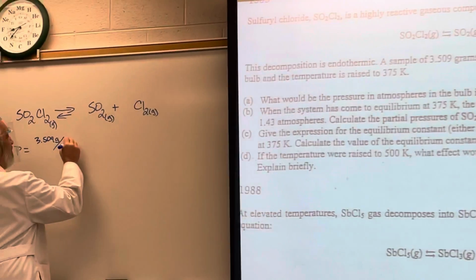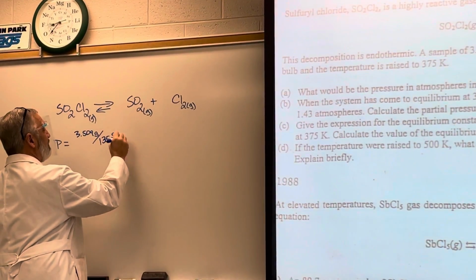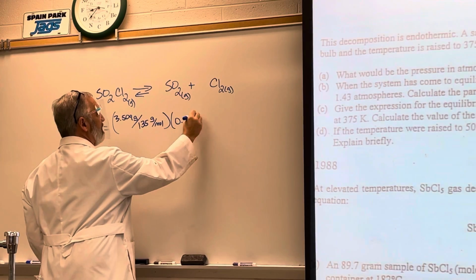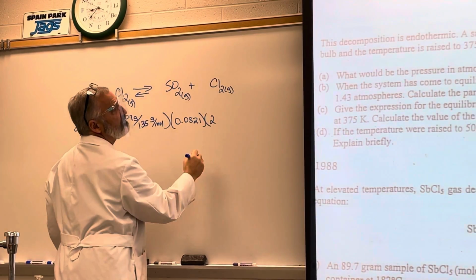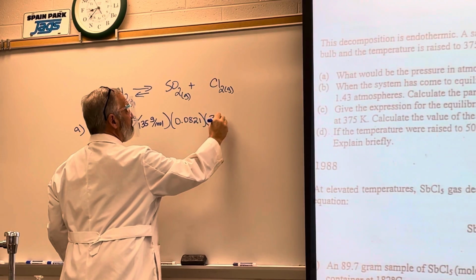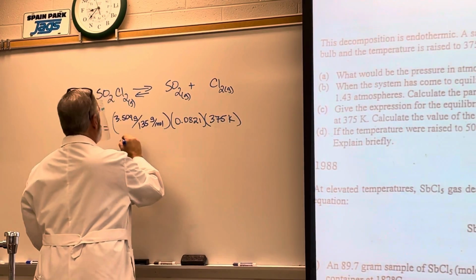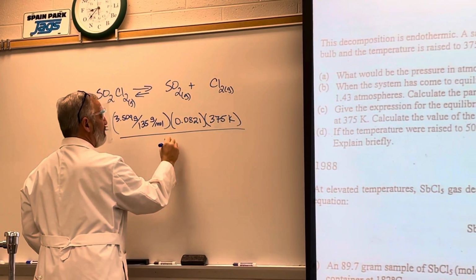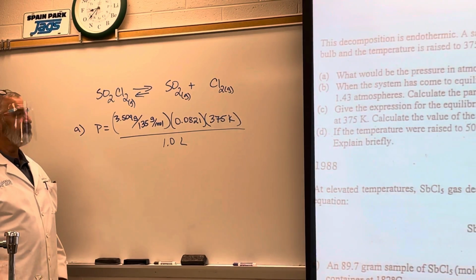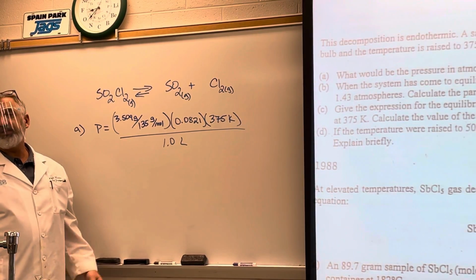Over 135 grams per mole, times R, 0.0821, times the temperature. What temperature is it? 375 K. Over the volume, 1 liter, so we don't really even have to divide by the volume. So somebody do that out, and let's just get an answer there.